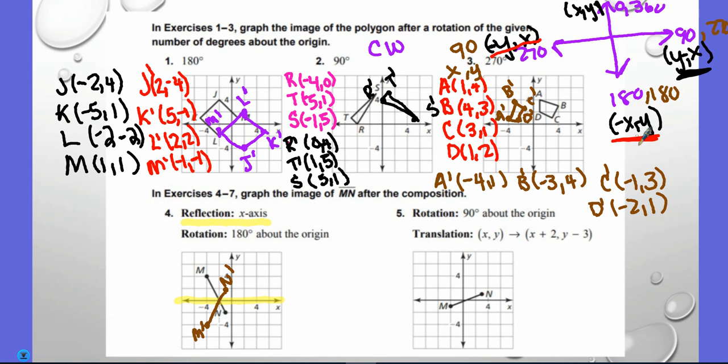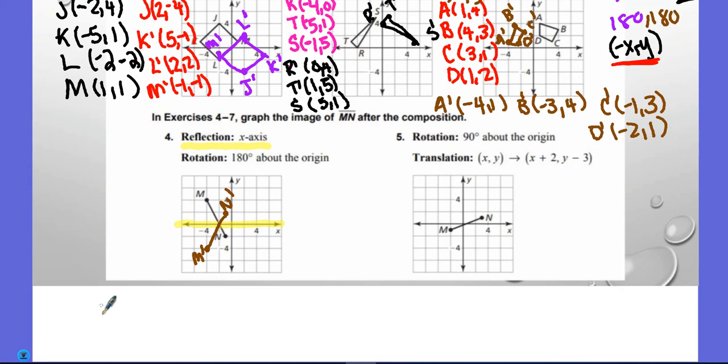So 180 counterclockwise is still change the signs of X and Y. So if I have my M prime to be -4 and -4, and N prime to be 1 and 2, -1 and 2.